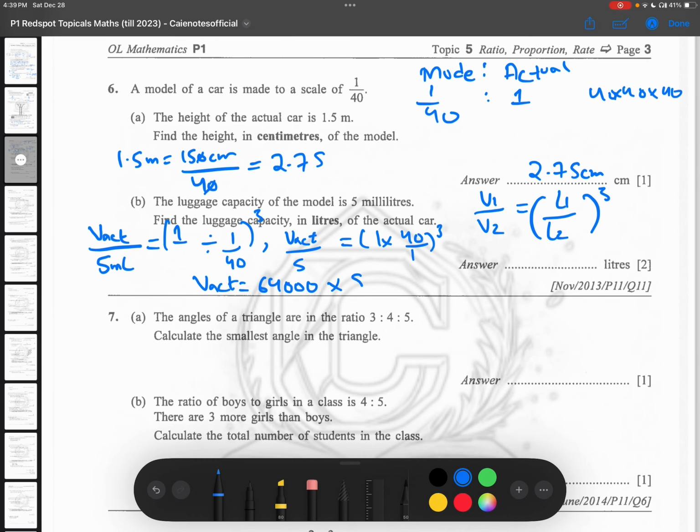multiplied with 5. 5 was being divided on the left side of the equation. I moved it to the right and it gets multiplied with 5. So this will give me the answer. 64 into 5: 5 into 60 is 300, and 320,000.